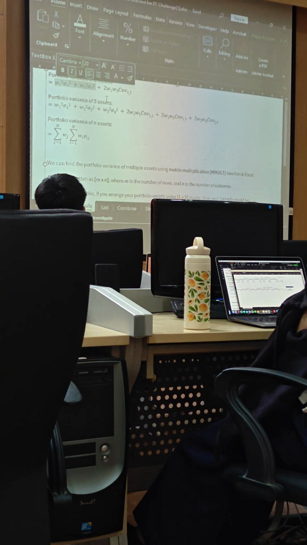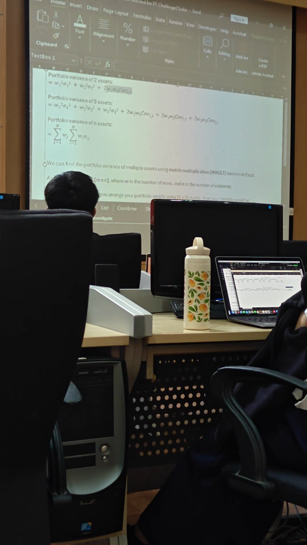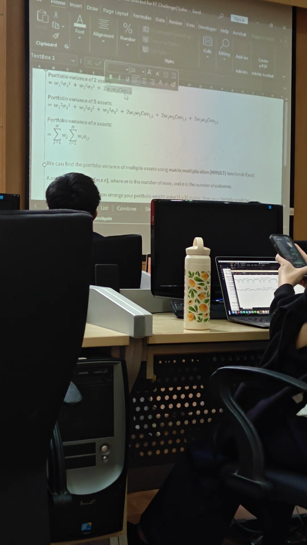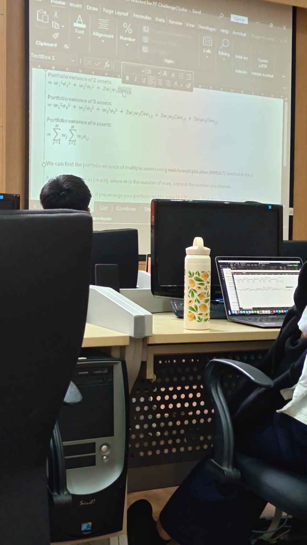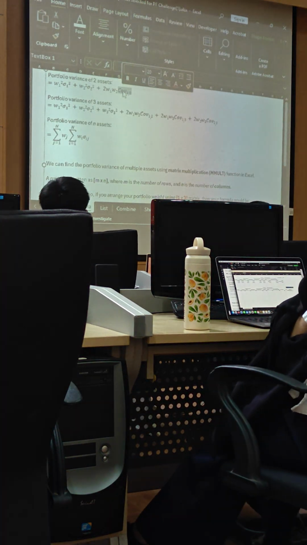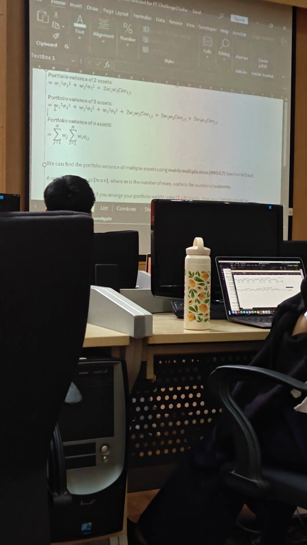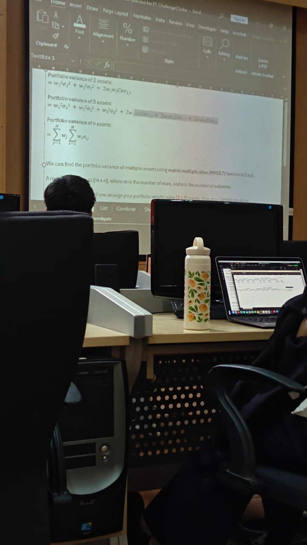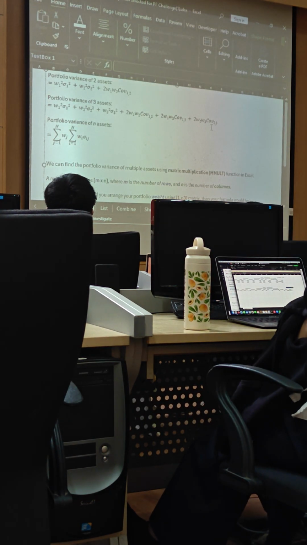Remember, we are talking about variance. Then there is weight 1, weight 2, covariance. So to calculate covariance, there is a mathematical formula. Itu untuk dua set. Lepas tu kalau kita ada 3 set, covariance 1, 2, covariance 1, 3, covariance 2, 3.